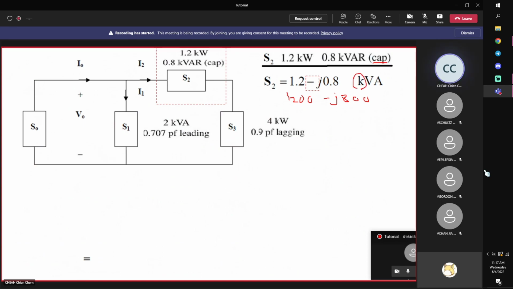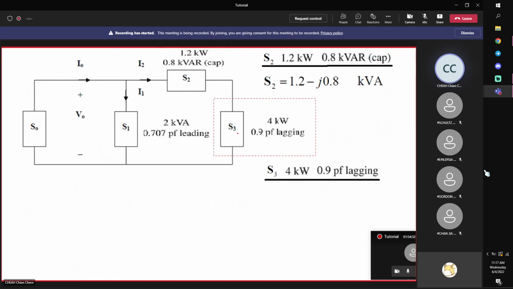In kilo form, that will be 1.2 kilo, negative 0.8 kilo. So we have obtained the complex power of this load.